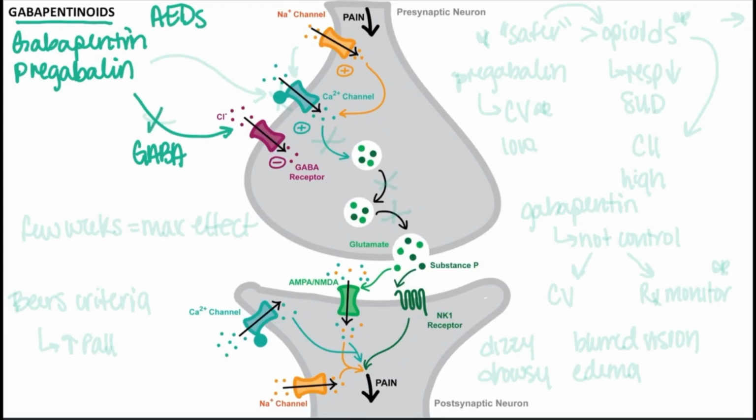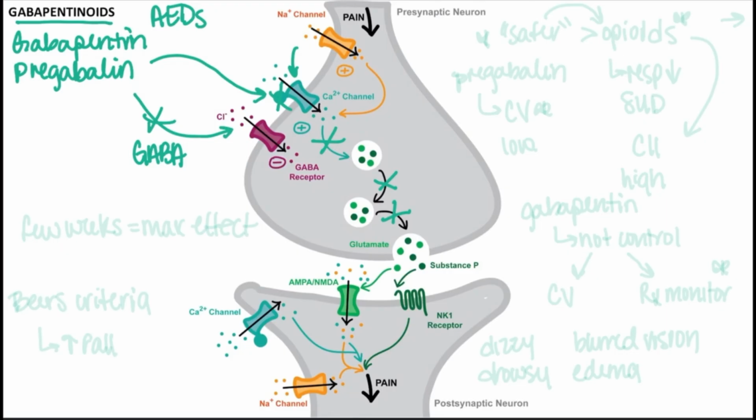And instead, these are going to bind to the alpha 2 delta 1 subunit of the voltage-gated calcium channels. And this is going to inhibit that calcium influx that's necessary for the mobilization of those neurotransmitter-containing vesicles. So these agents still inhibit inappropriate propagation of signals by preventing neurotransmitter release, but by actually acting as a blocker of these calcium channels.